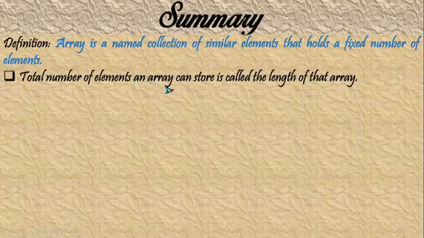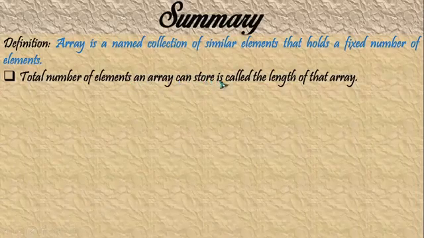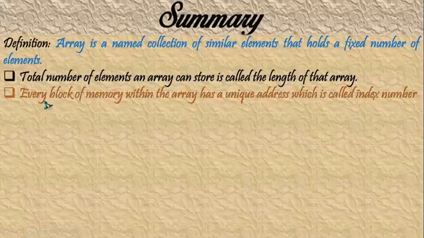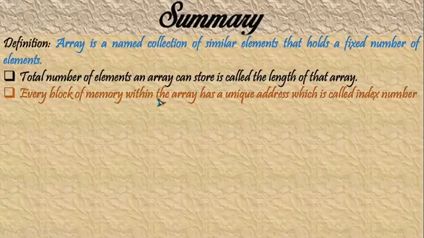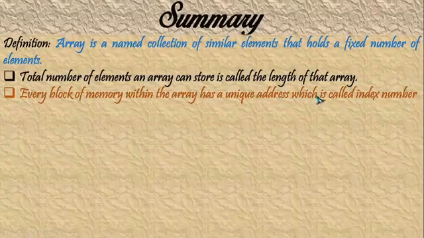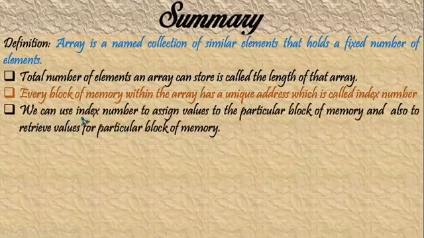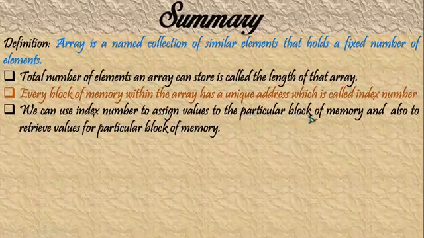The total number of elements an array can store is called the length of that array. Every block of memory within the array has a unique address which is called the index number. We can use the index number to assign values to a particular block of memory, and also retrieve the values for that particular block of memory.